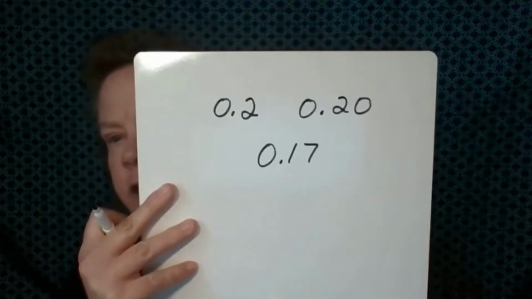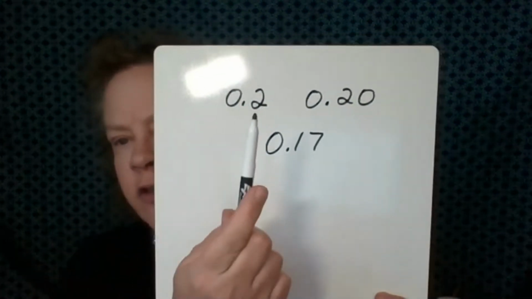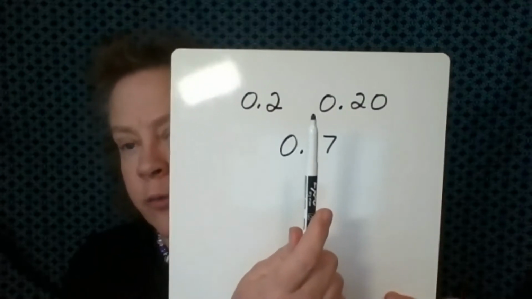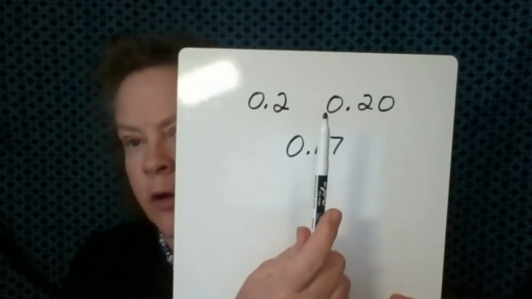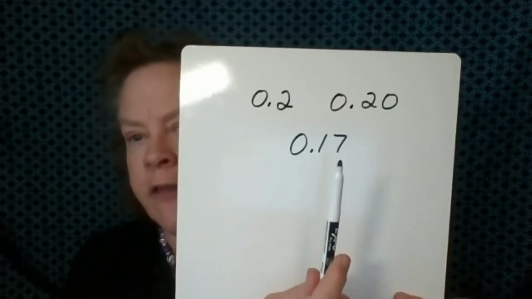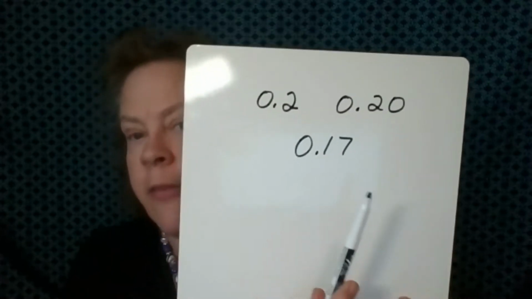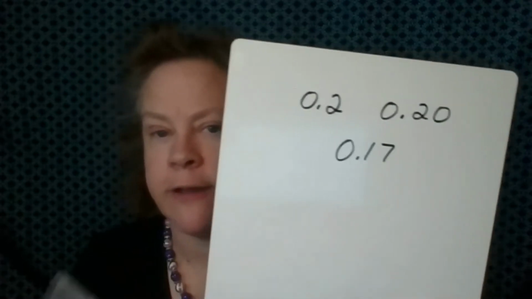So this is what that would look like. So if they're having trouble with this 0.2, go ahead and show them it can also be written as 0.20, and then they can compare that to 0.17. That sometimes makes it clearer for the kids.